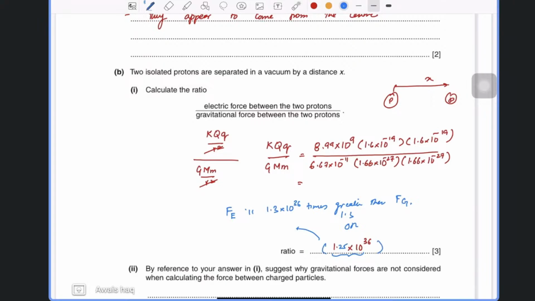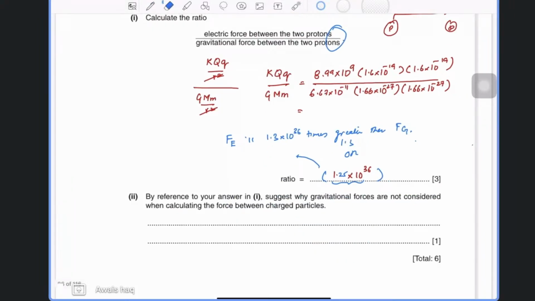In physics, it automatically means that you have divided these two, so this is the ratio. You don't have to write 1.3 times 10 raised to the 36 ratio 1. Don't do that, okay?